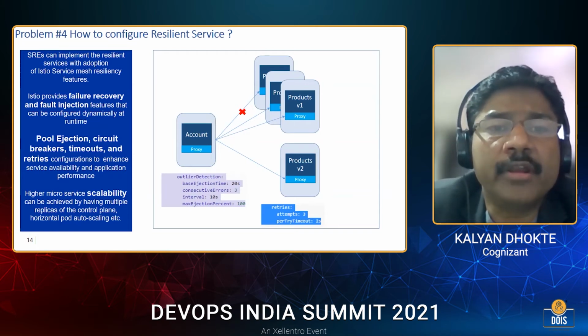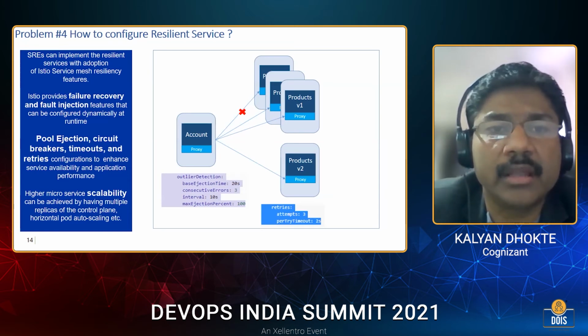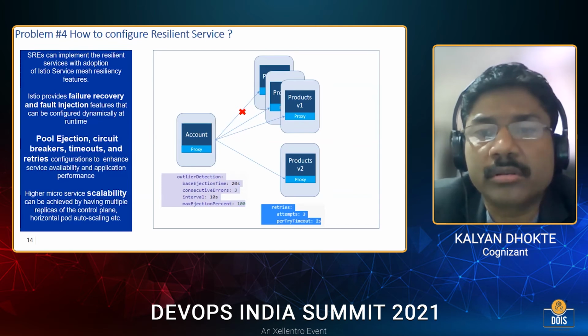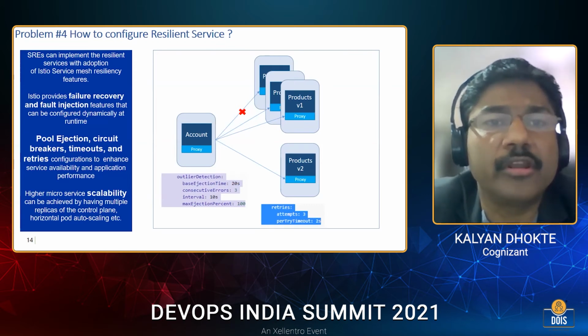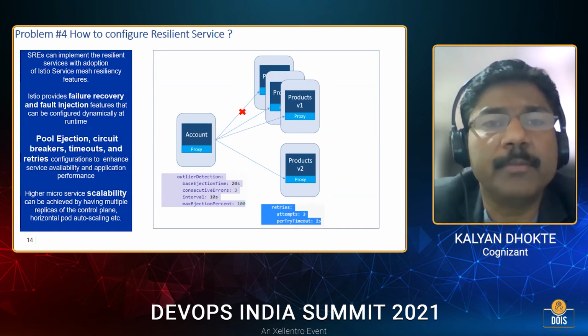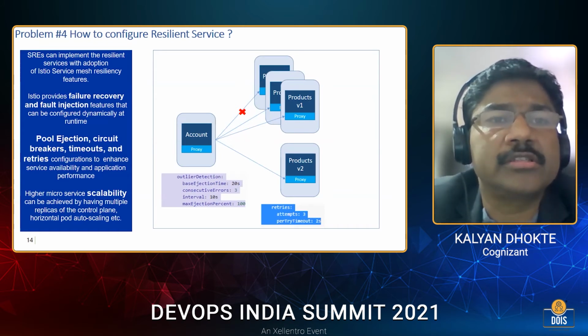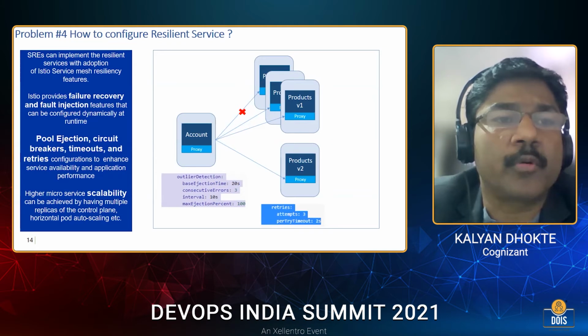Then we can configure even retries. There are some parameters that can be configured. One is the number of attempts; I can put it as 3, and then the per retry timeout I can also configure. So that gives me immediate recovery, and there should not be a direct end user impact because of the failure of any of the unhealthy pods. I can move the traffic to the healthy pods using this resiliency pattern that Istio provides.